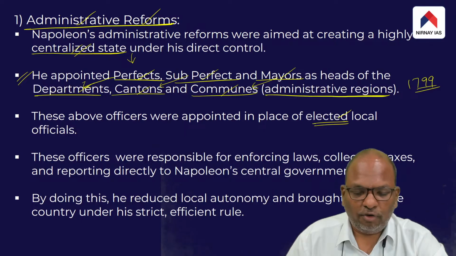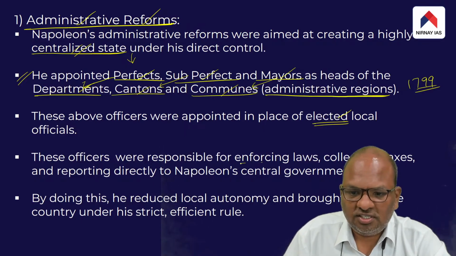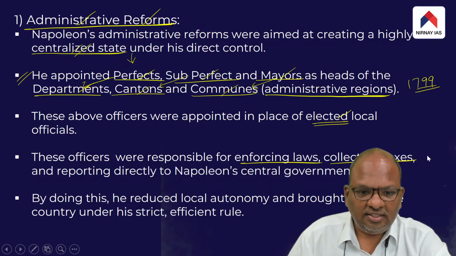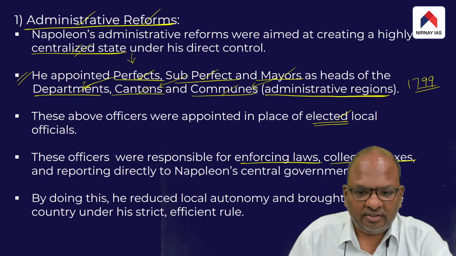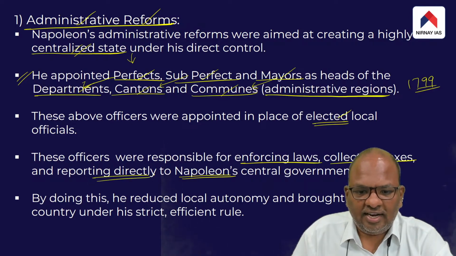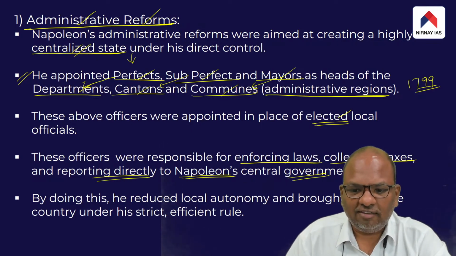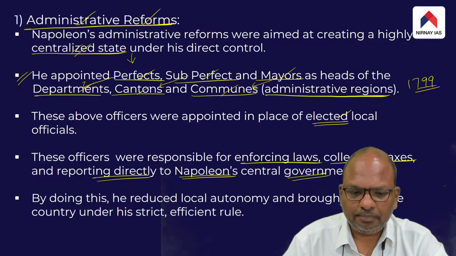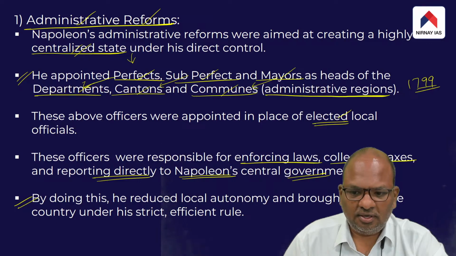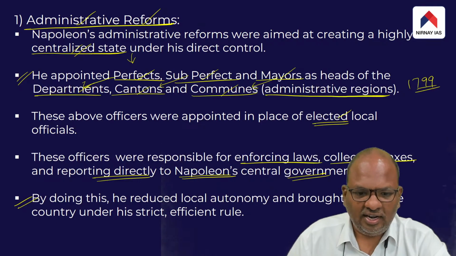These officers were made responsible for enforcing laws and collecting taxes, and they directly reported to Napoleon's central government. By doing so, Napoleon brought the entire country under his strict and efficient rule.